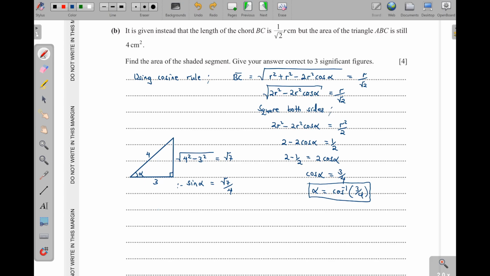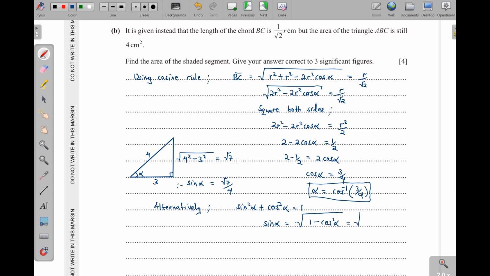Or you can say, after getting the value of cos alpha, we know that sine squared alpha plus cos squared alpha is equal to 1. So that means sine alpha will be equal to the square root of 1 minus cos squared alpha, not so?